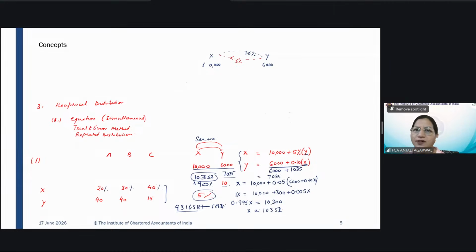Ten percent of X goes to Y and 5% of Y goes to X. So you can start with any of the two.